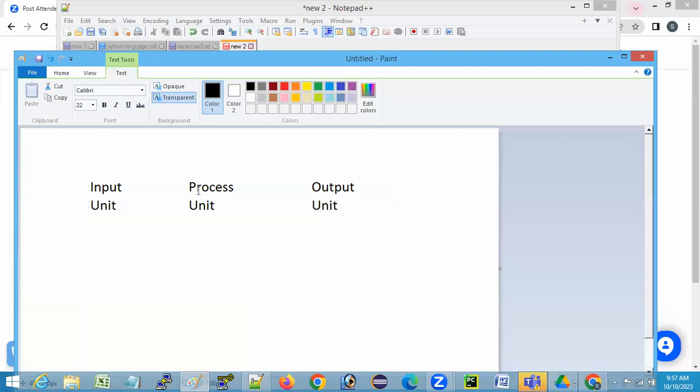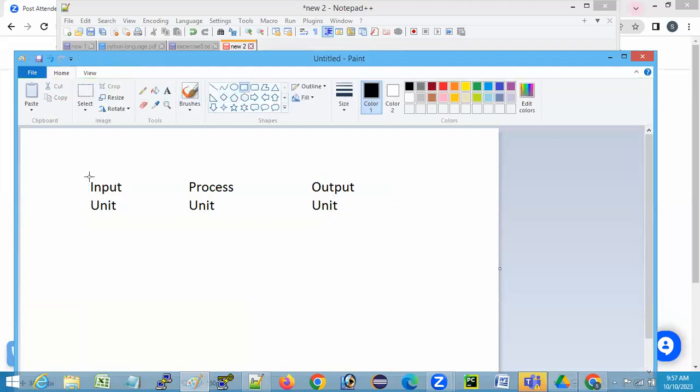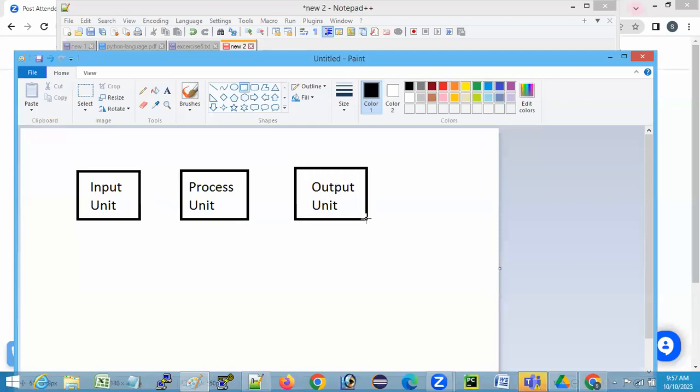These are called the parts of a computer. Now we have interconnected them like this.